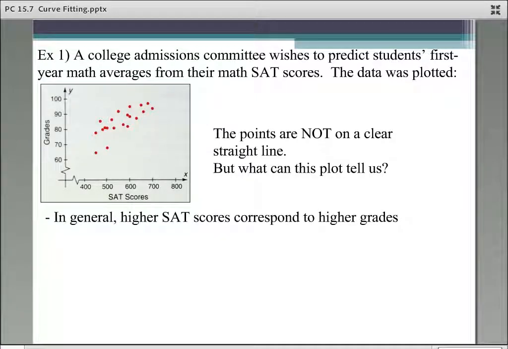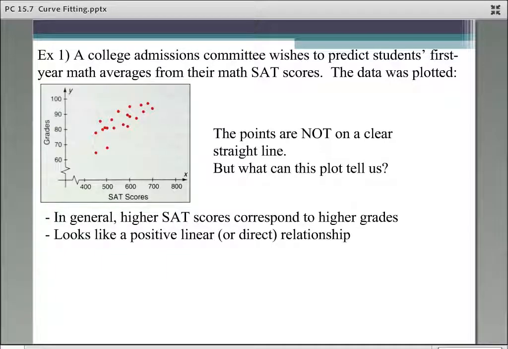And there's two things that we can summarize from this. So one thing that we can summarize is that in general, higher SAT scores do correspond to higher grades. The higher your SAT scores, the higher the grade, or at least that looked like the overall trend anyway.